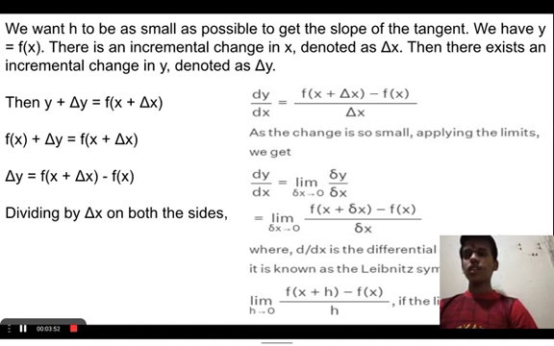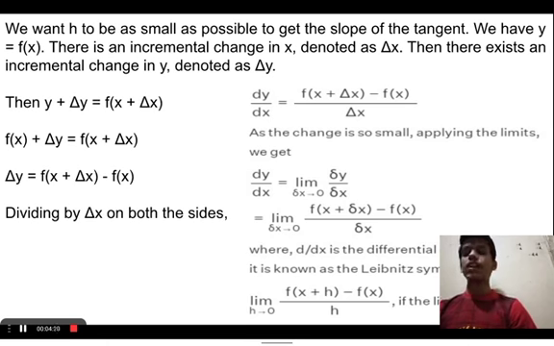So dy by dx equals f of x plus delta x minus f of x by delta x. See here, y plus del y will give the function of x plus delta x. So f of x plus del y equals f of x plus del x. So this will give del y equals f of x plus del x minus f of x.